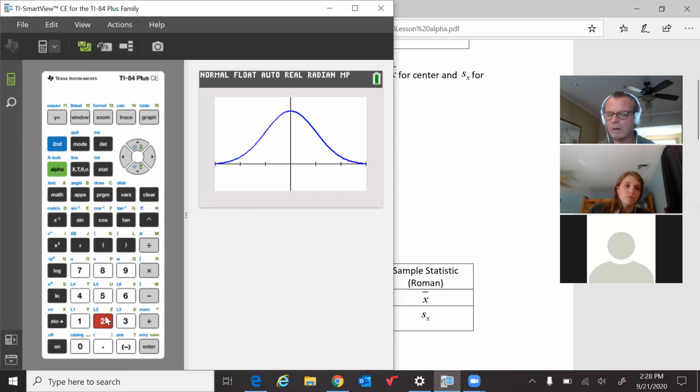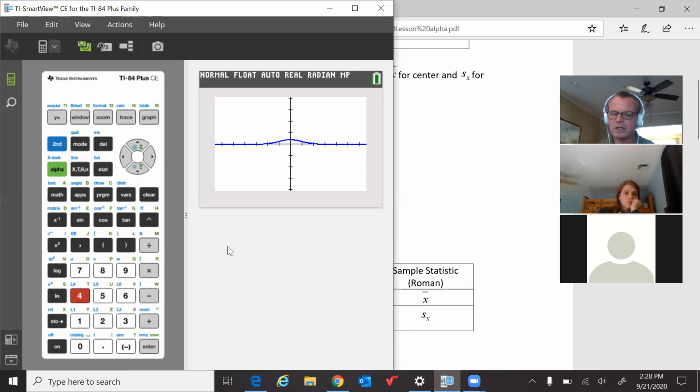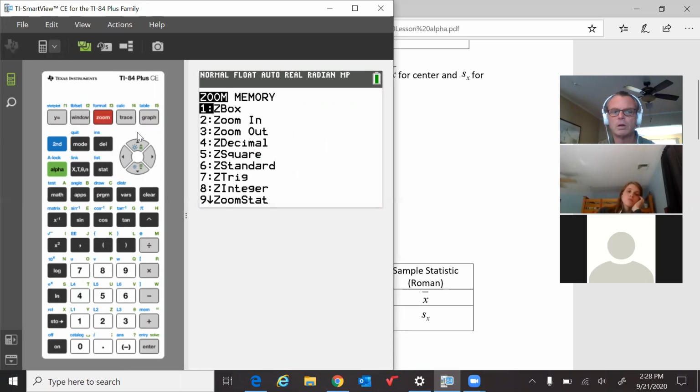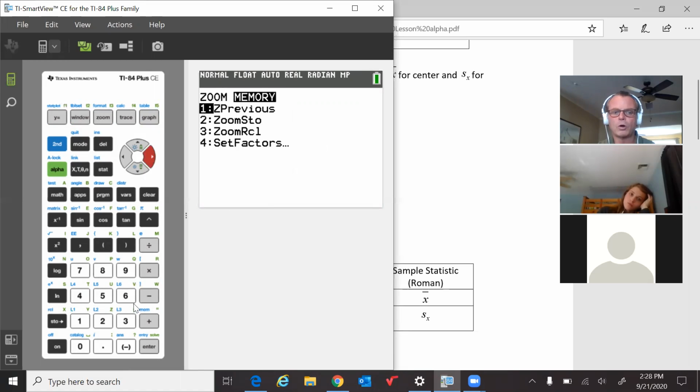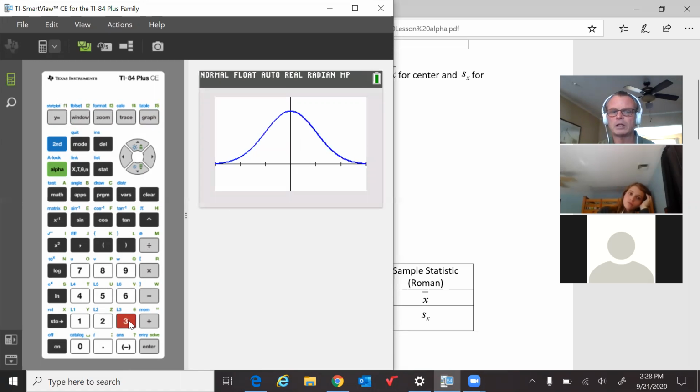Anytime you ZOOM MEMORY recall it, it'll type that window. If I push ZOOM 4, that's not a good window for that picture. So without having to type -3 to 3 again, I just go to ZOOM, MEMORY, Recall, and we get the picture back, okay?